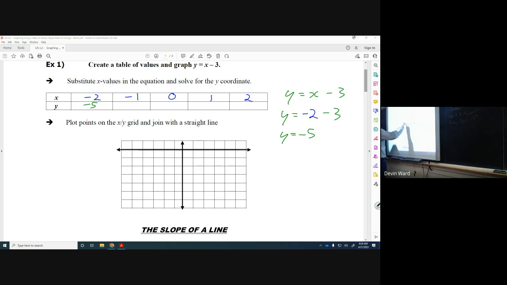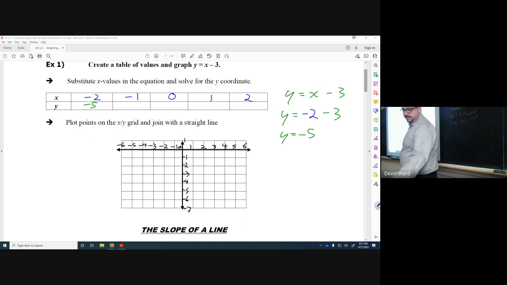We can label this. We'll have 0, 1, 2, 3, 4, 5, and -1, -2, -3, -4, -5, -6. So that would be 1 up there. This will be -1, -2, -3, -4, -5, -6, -7.